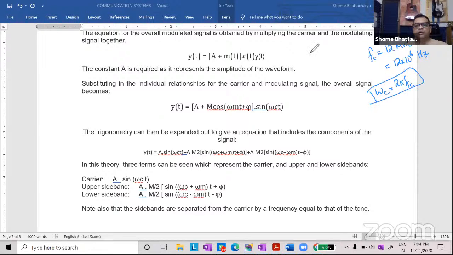And suppose you're talking about a modulating wave, which is like an audio frequency. It's typically something like, let's say, 2 kilohertz, or 2 into 10 raised to the power 3 hertz. Okay. So this is our modulating frequency.